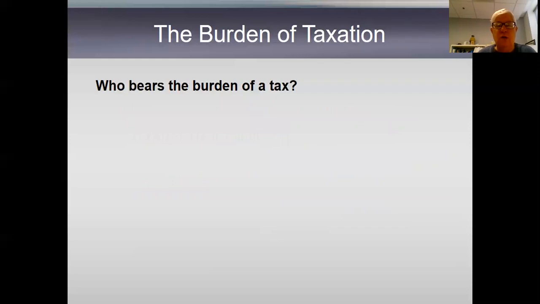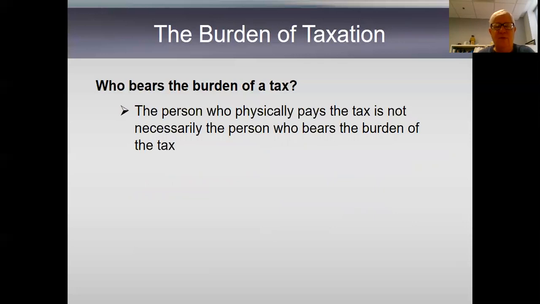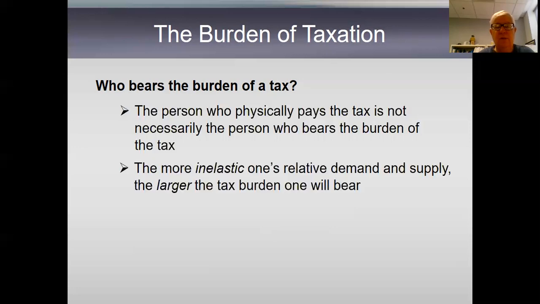The next question is, who bears the burden of a tax? Something you need to keep in mind is that the person or entity that physically pays the tax may not necessarily be the entity that bears the burden of the tax. And here we use some of the topics that we learned in chapter 6 about inelasticity.